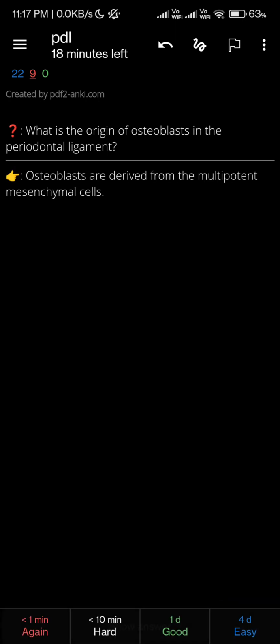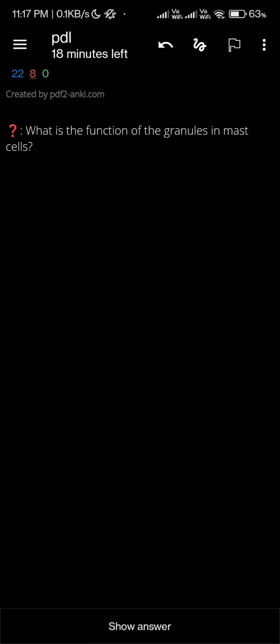What is the origin of osteoblasts in the periodontal ligament? Multipotent mesenchymal cells. What is the function of granules in mast cells?